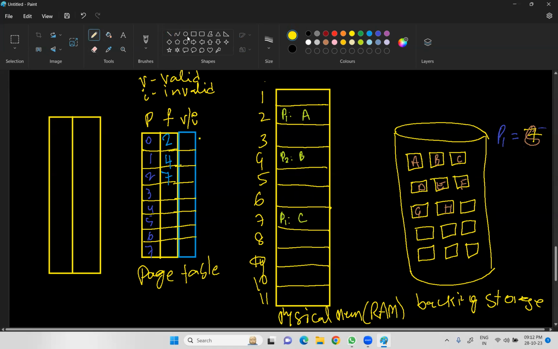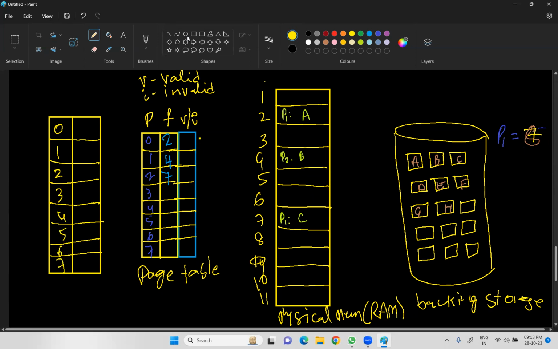So this is the 0th page, first page, second page, third page, fourth page, fifth, sixth, and seventh pages. Totally 8 pages are there.